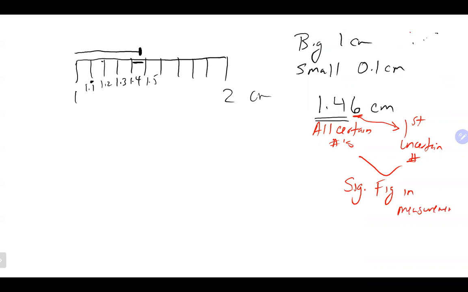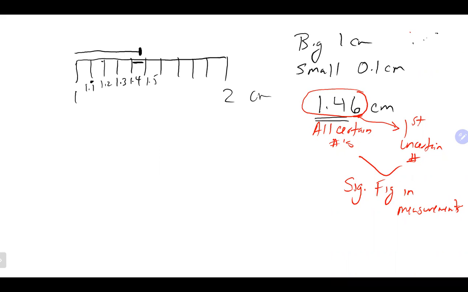So obviously this particular one here would have 3 significant figures. All 3 of those would be significant in this particular case, with the estimated digit or uncertainty obviously happening in the last significant figure.